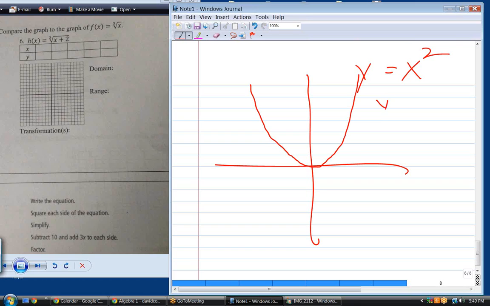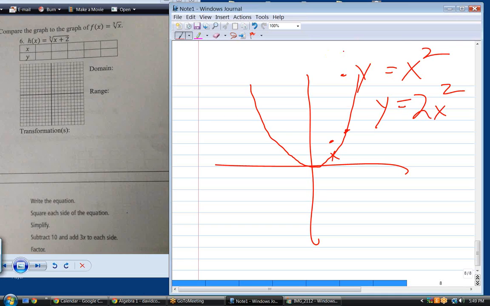If I asked, what is the effect of the 2 in front of the x squared? You're right, you're multiplying everything by 2. If I had a point that was there, it's now twice as far away from the x-axis. If I had a point that was here, it's twice as far away from the x-axis.